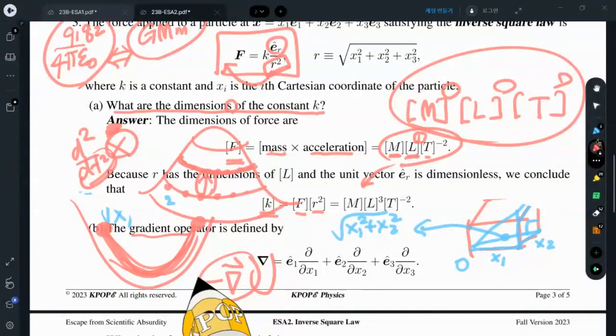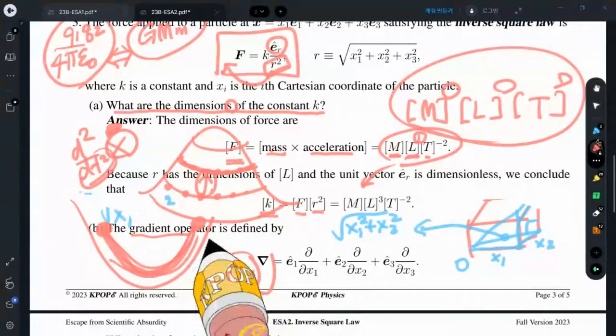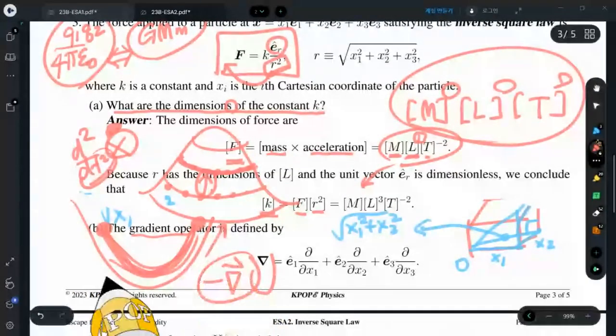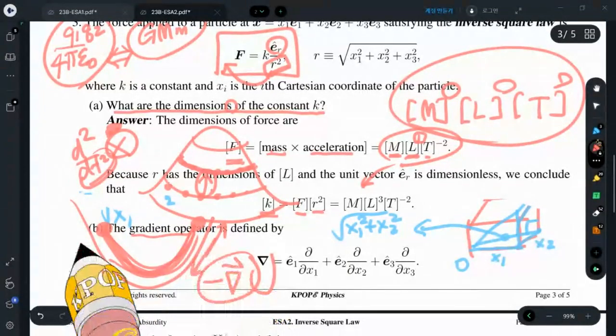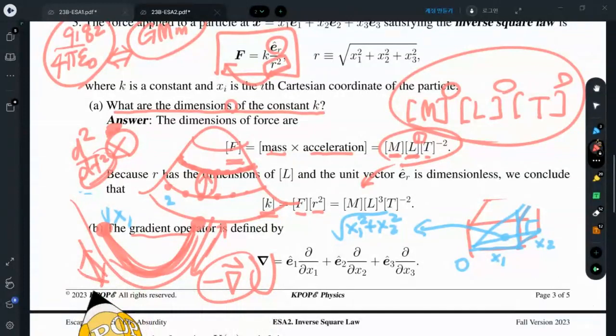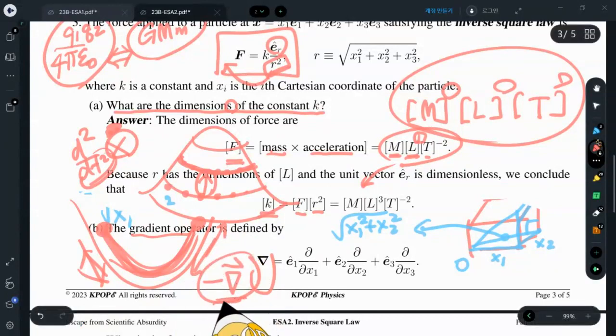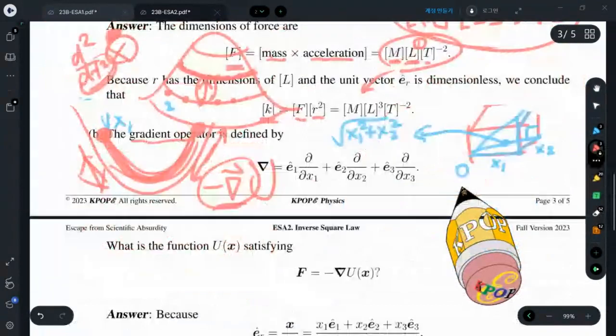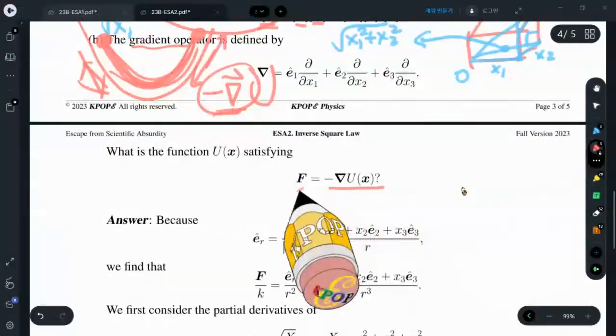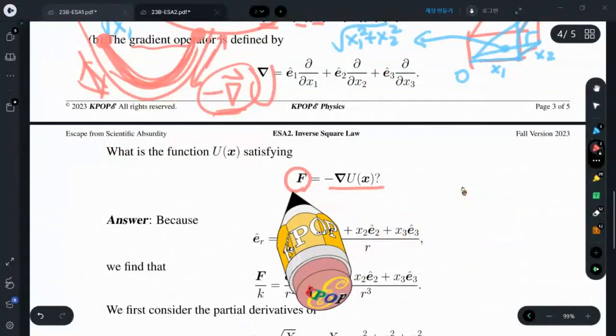So negative gradient means the potential must decrease in the opposite direction of increase. So the fastest decreasing direction is the minus gradient. Okay, let us compute: the minus gradient of potential energy is a force.